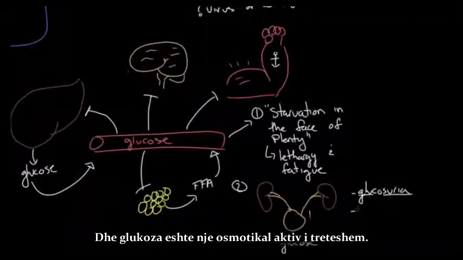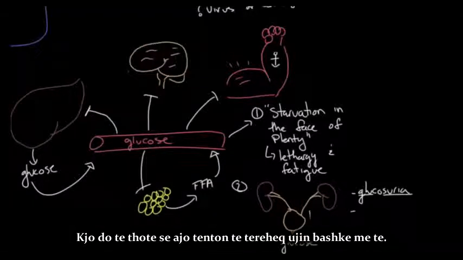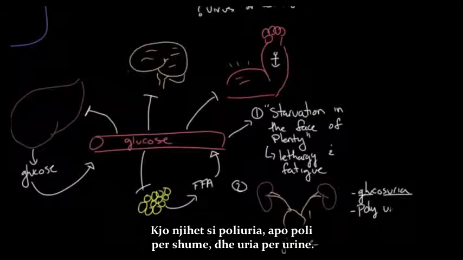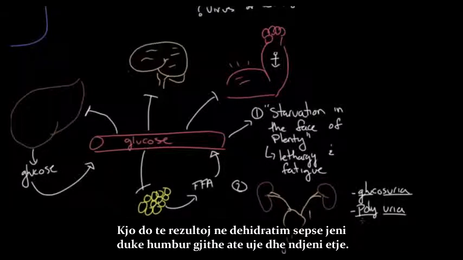And glucose is an osmotically active solute. But what does that mean? Well, what it means is that it tends to draw water with it. So as the body pees out all of this glucose, a lot of water comes with it. And this is known as polyuria, or poly for lots or many, and uria for urine. And this results in dehydration because you're losing all the water, and thirst.